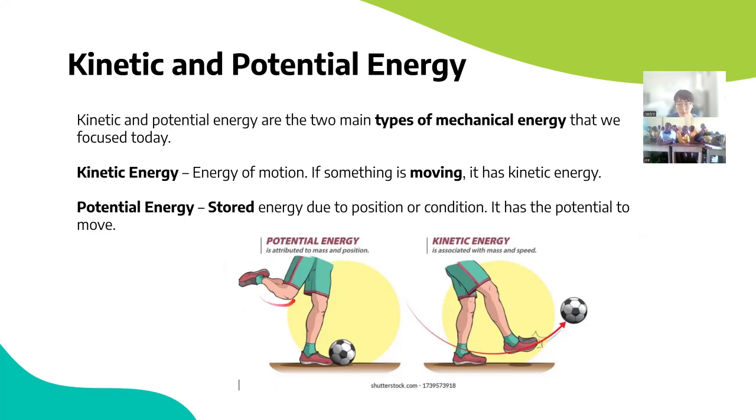You're lifting it higher and you're building stored energy, or potential energy. When you kick the ball, you release that potential energy into kinetic energy as you swing your foot and hit the ball, and the energy gets transferred to the ball. This is a classic example of how potential energy and kinetic energy work.